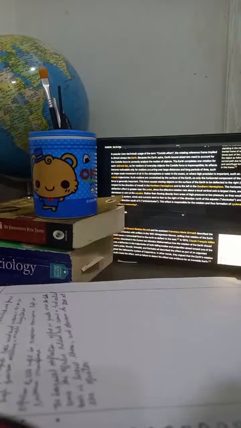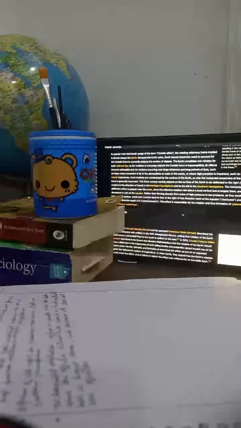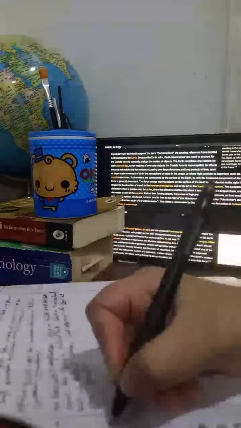Rather than flowing directly, the winds and the currents tend to flow to the right of this direction, north of the equator, clockwise. Okay, let me write some points.